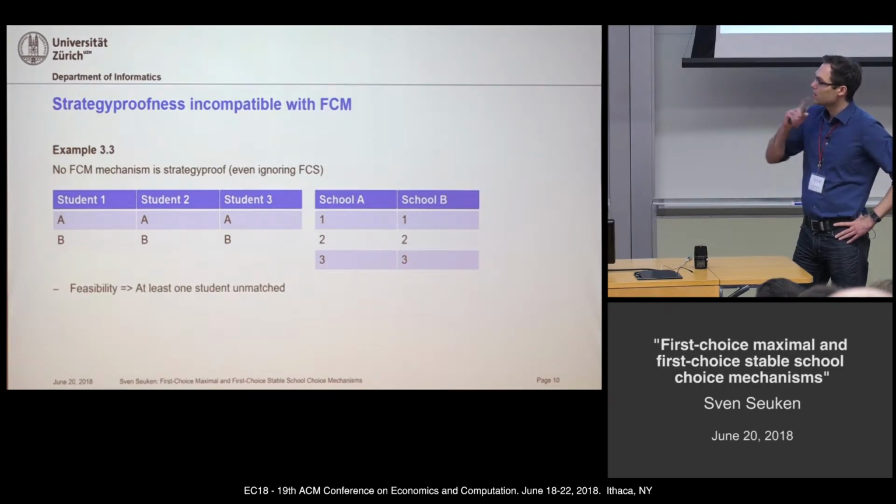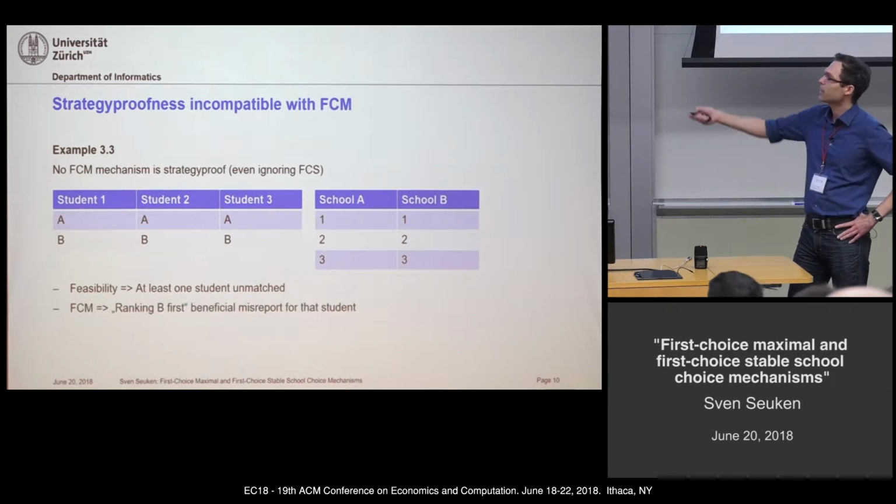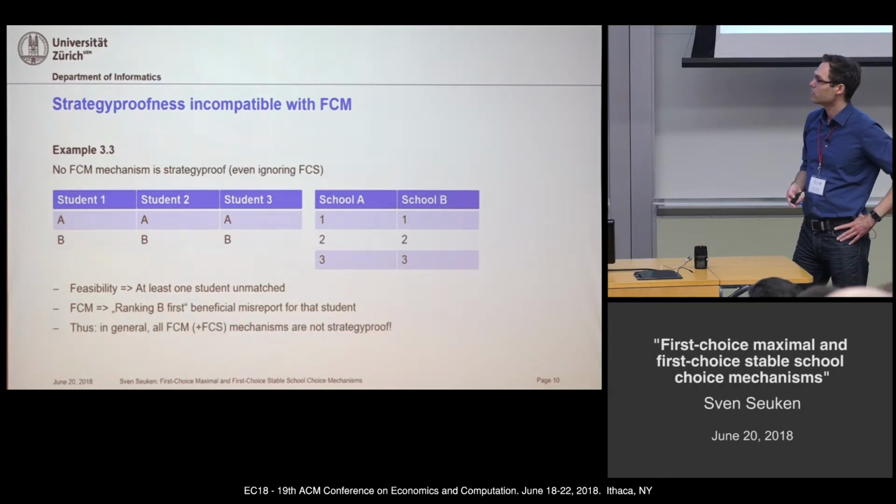And now, because of feasibility, we only have two seats, one at each school. At least one of the three students has to be unmatched. So if they report their preferences truthfully, one of the students will be unmatched. So for that student, it will be optimal to misreport and rank B first, and that will be a beneficial misreport for that student.